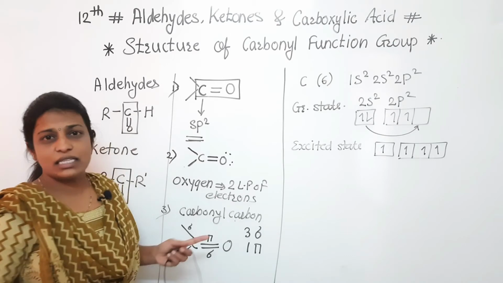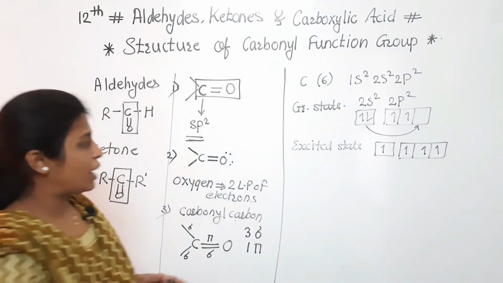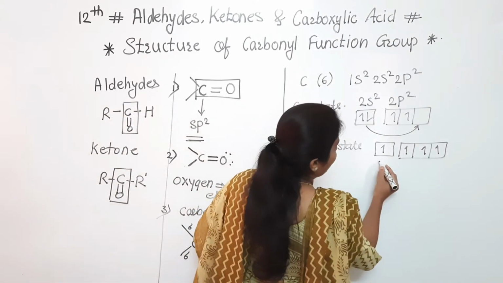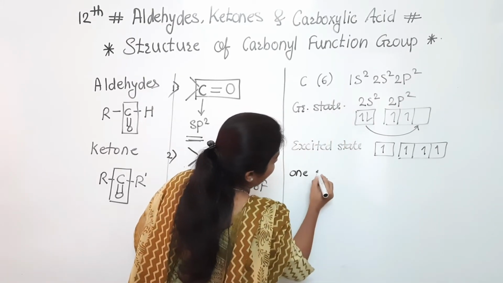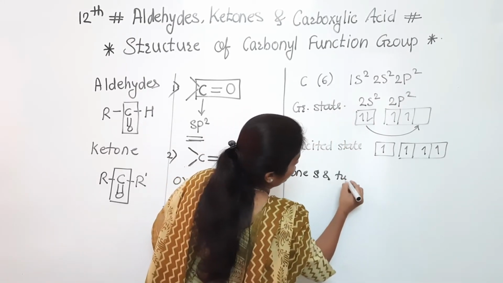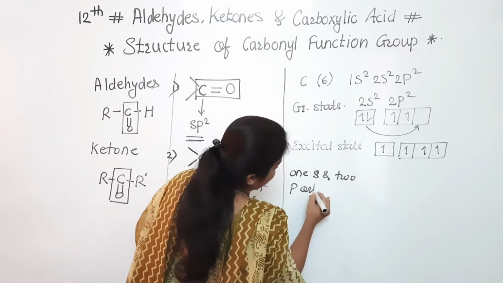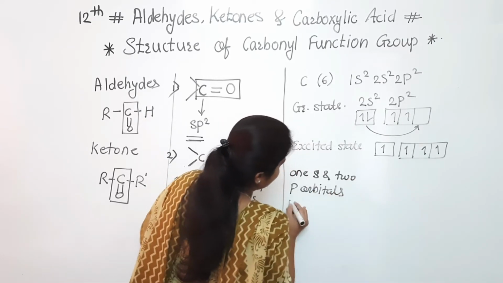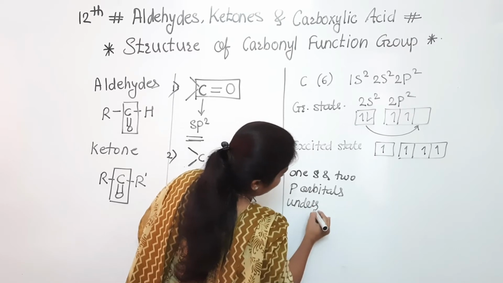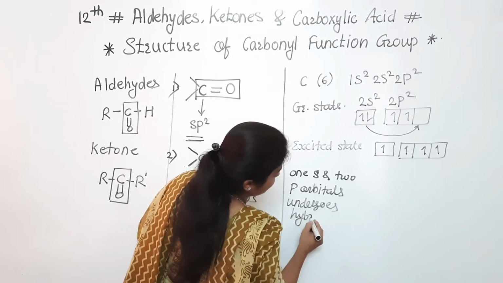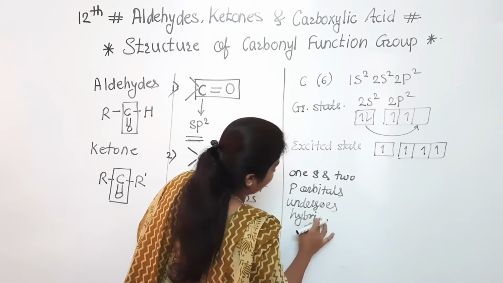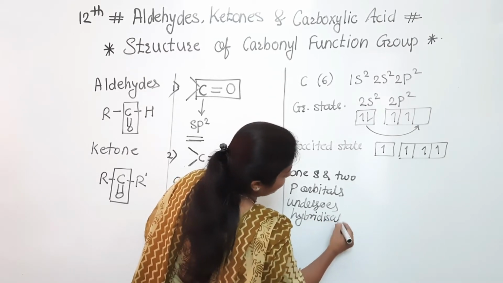As we know, this carbon is sp2 hybridized, which means one s and two p orbitals undergo hybridization, that is, mixing and recasting. So what will happen because of that?